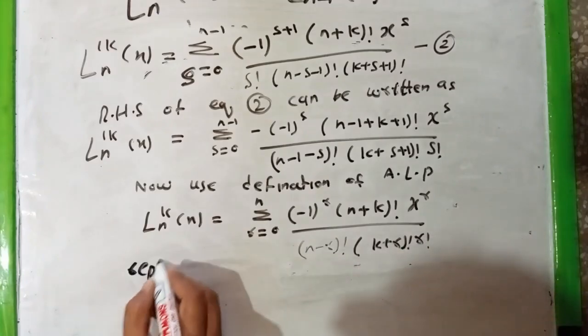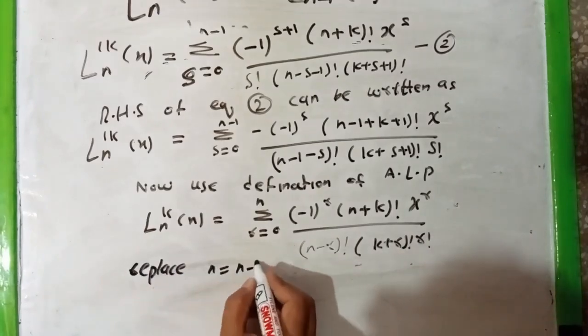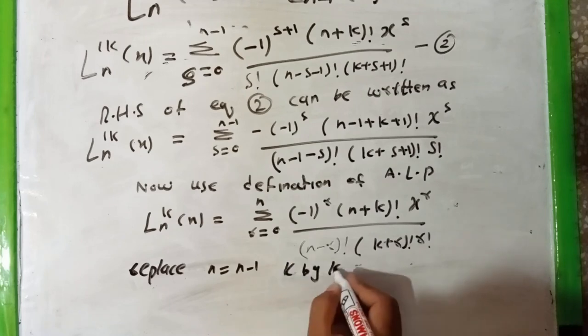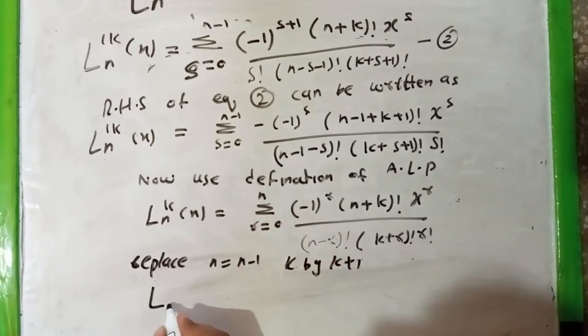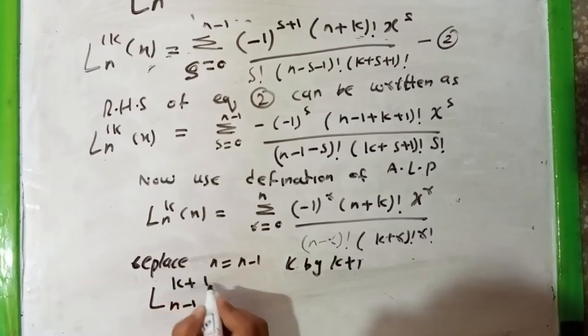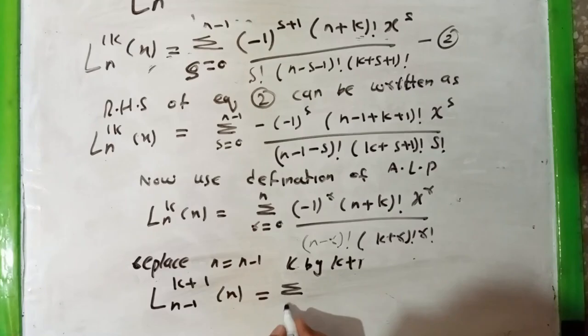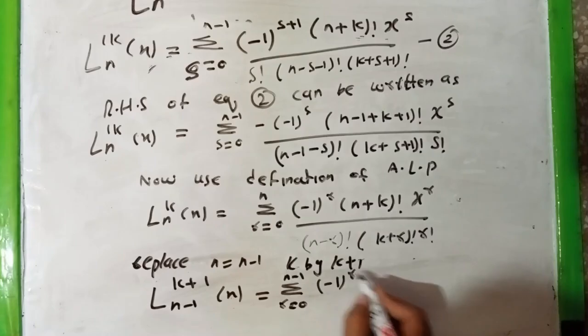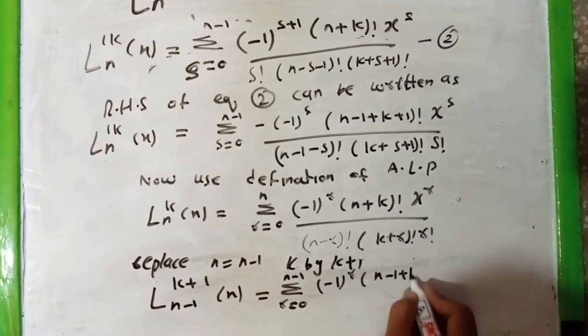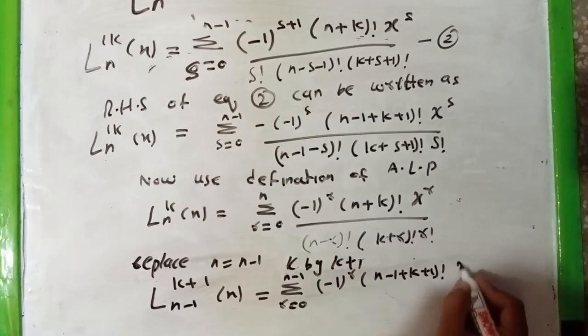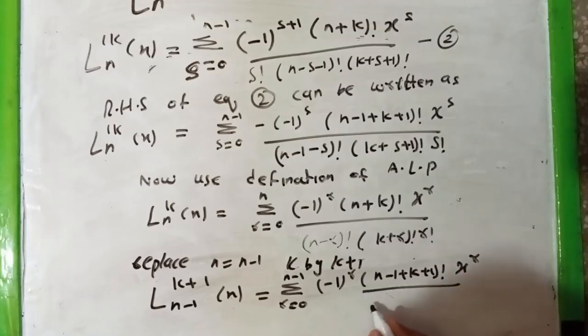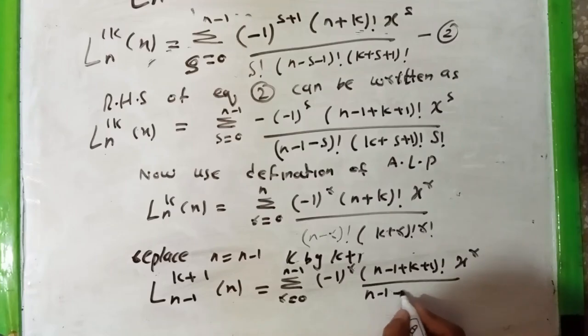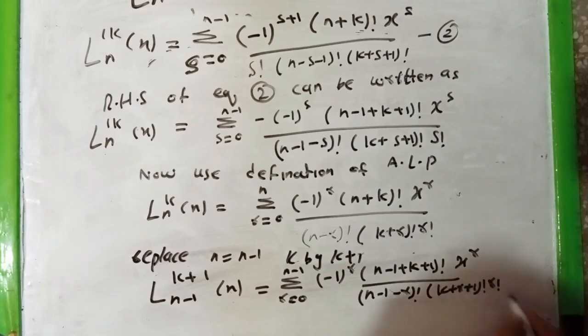So replace n by n minus 1 and k by k plus 1. So this becomes L_{n-1}^{k+1}(x) is equal to the summation over r from 0 to n-1 of (-1)^r (n-1+k+1)! x^r over (n-1-r)! (k+r+1)! r!.